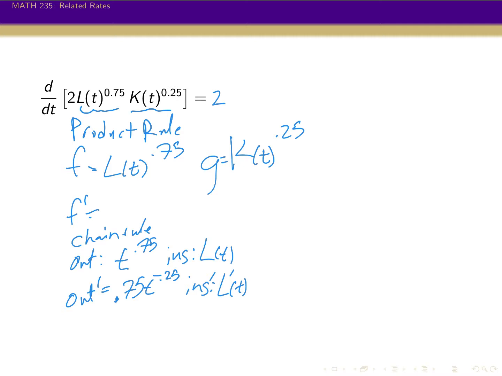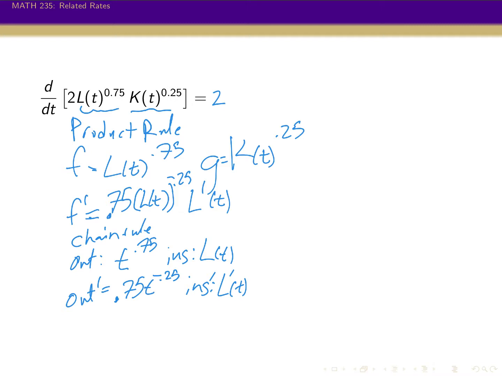And so plugging this into the chain rule, we get the derivative of the outside with the inside plugged in, L of t to the minus 0.25, multiplied by the derivative of the inside, which is L prime of t.